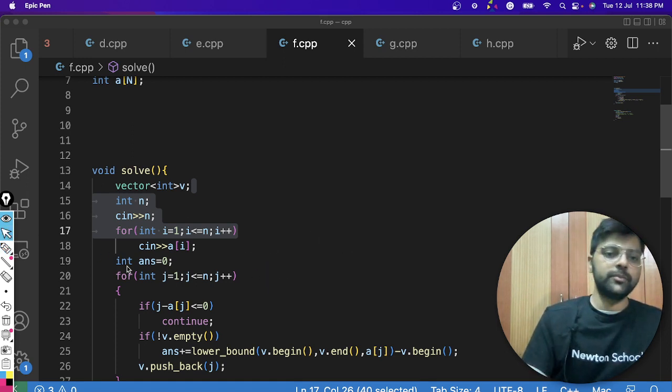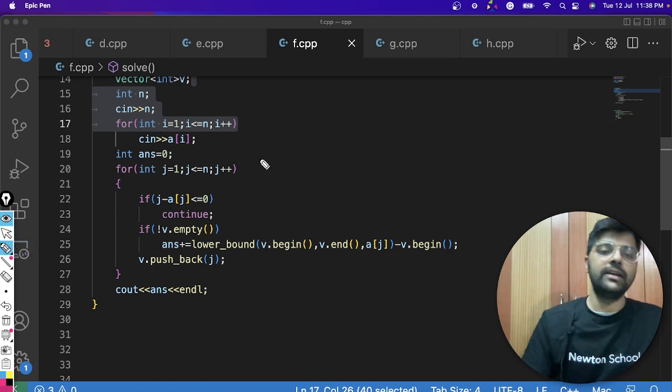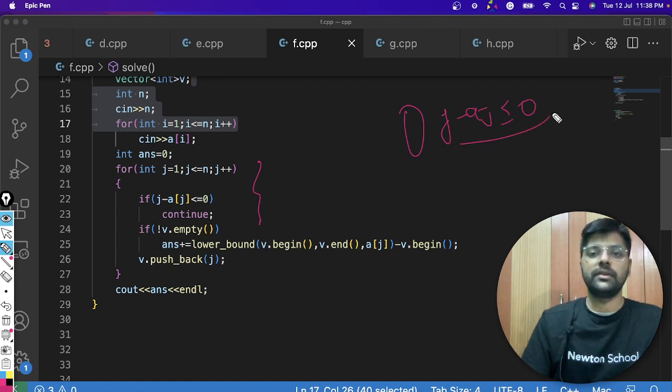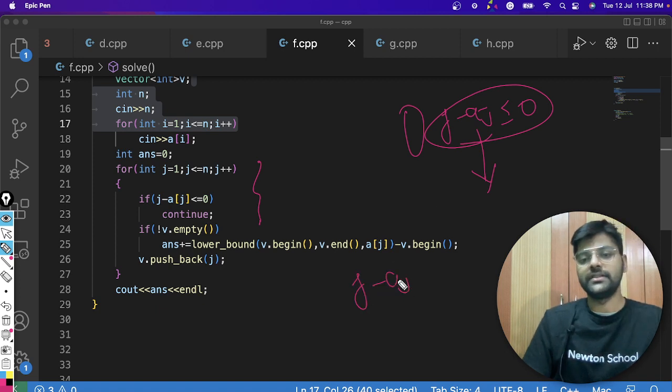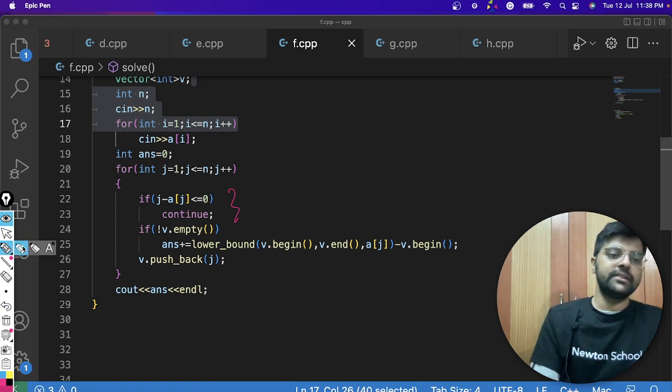Let's say I am on the jth position and j minus aj less than or equal to 0 comes, then there won't be any solution, because we need j minus aj greater than 0 and i minus ai greater than 0. That's why I have put continue, and we are maintaining indexes.